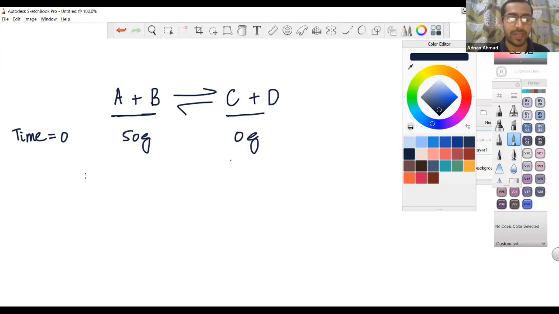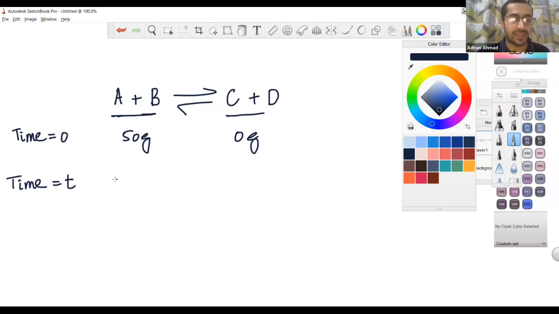0 grams, right? So when we start this reaction, we say that time equals T. T can be any time, like 10 seconds, 1 minute. So this is a general term representing time.